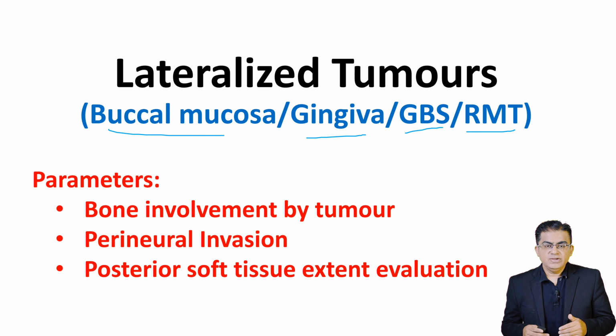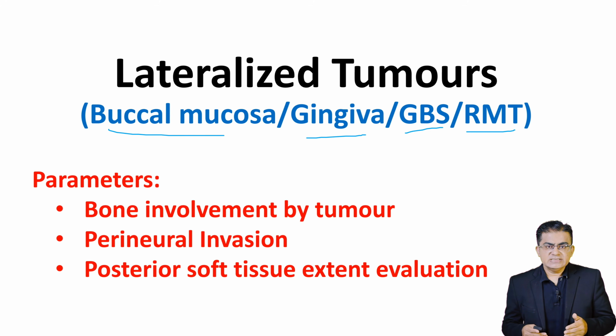For the tongue, we were absolutely obsessed with soft tissue extension, depth of invasion, and neurovascular bundle involvement. But for these lateralized tumors, the anatomy changes. Hence our question changes. These cancers sit dangerously close to the mandible and maxillary bone and the deep facial spaces.